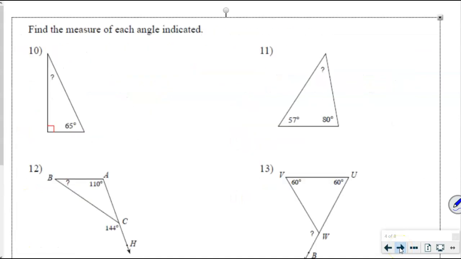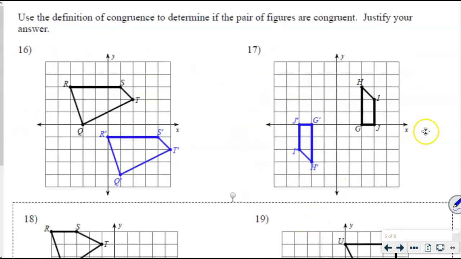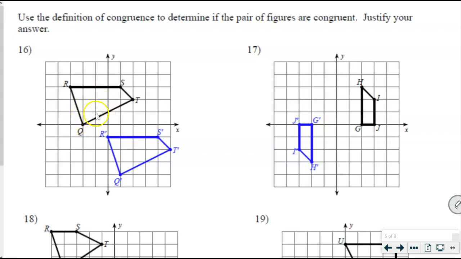If you jump ahead to question number 16 through 19, you're going to see the instructions are specifically use the definition of congruence to determine if the pair of figures are congruent. So that means we have to know that definition so that we can use it. You can't just say, yes, all the angles are the same and all of the side lengths are the same. If you want to say yes using the definition of congruence, you have to describe that sequence of transformations.